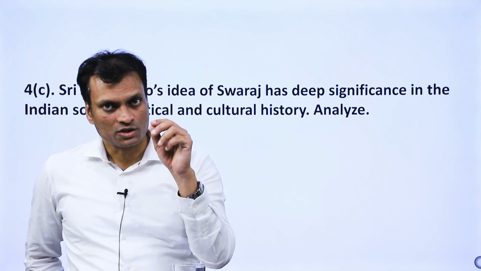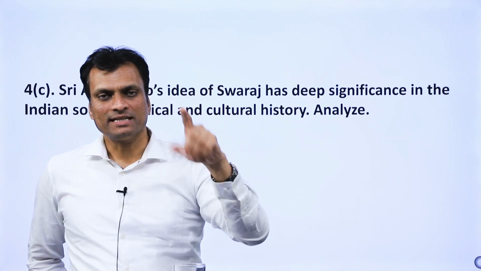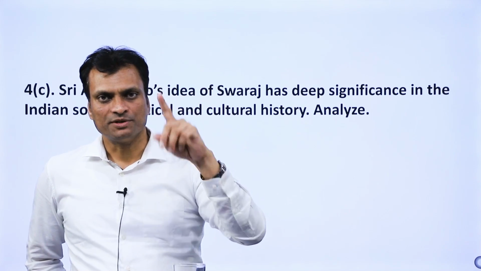These three people were the first to use this concept in detail, but all three extremist leaders gave different definitions to it. And this Aurobindo was the first one, in 1906, who defined Swaraj as the complete political independence of India from the British Raj.